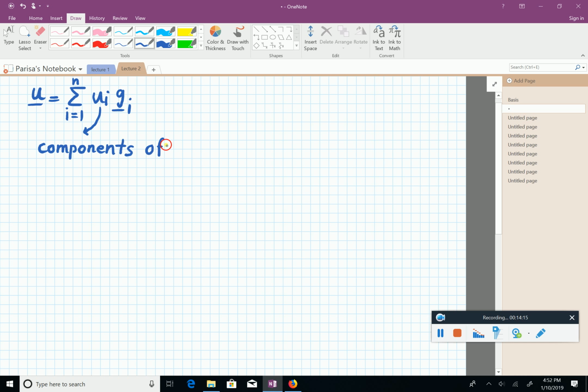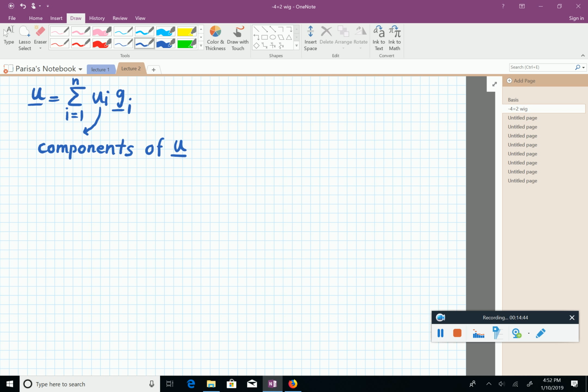Components of vector U. Does U have just one set of components? I said U1 to UN, this is a unique set of numbers, but I shouldn't have used the word unique. Does U have just one set of components?